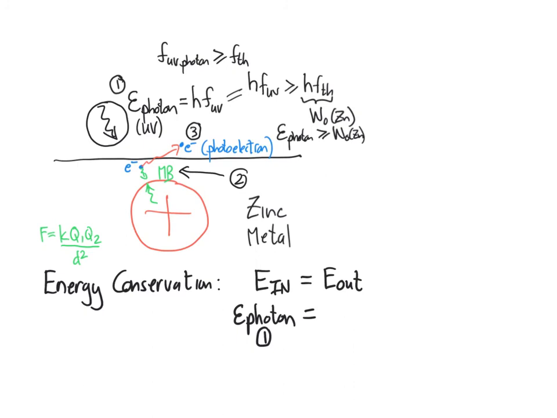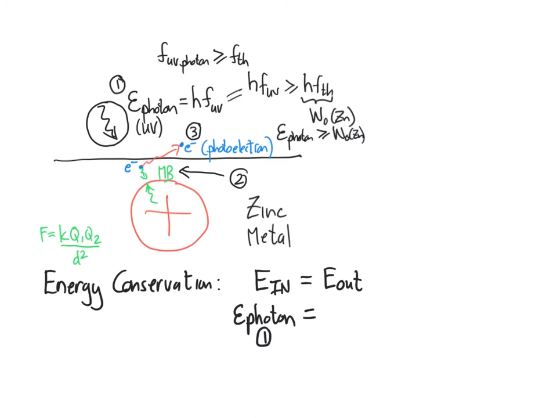Now if you travel on a road, certain roads are what they refer to as toll roads. You have to pay a tax, or you have to pay a certain amount in order to be able to drive on that road. For the electron to leave the surface, it has to pay an energy tax, or an energy toll, as it were.